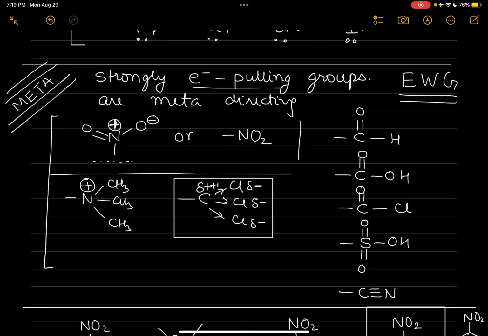All the electron withdrawing groups. And in case you forget, what's the trick? The groups which have a double bond directly to oxygen or nitrogen connected on them, groups which have a positive charge, groups which are connected to electronegative atoms are electron pulling groups, and they are meta-directing.